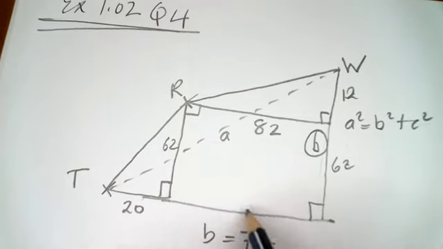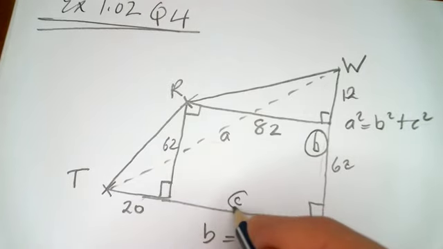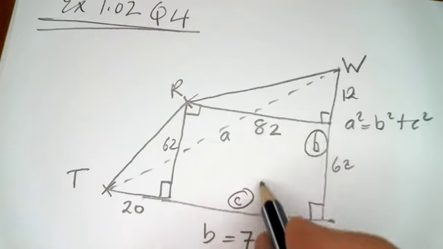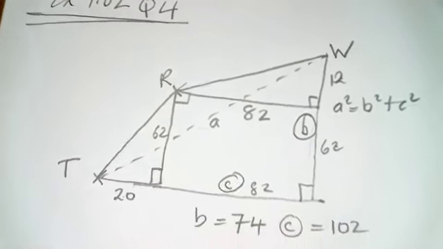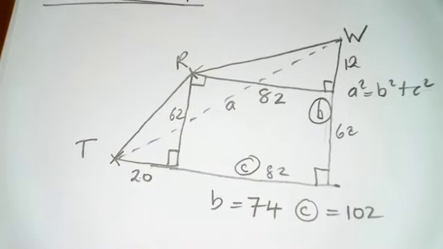Now this distance here I want to call C, and C is going to be 82. This bit here is 82, plus the 20 is going to be 102. And these are kilometers. I'm not going to put the units in at this stage. We'll worry about the units until the very last moment.